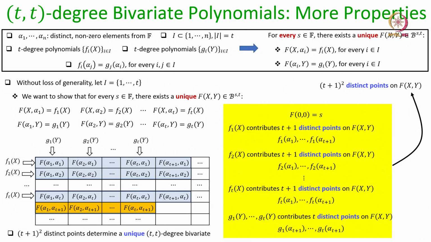The property was that if I give you t pairs of univariate polynomials in the x variable and y variable which are pairwise consistent, then for every element S from the field you can find a unique t degree bivariate polynomial whose constant term will be S, and over which these t degree x and y univariate polynomials lie. And we have given a detailed proof for that.